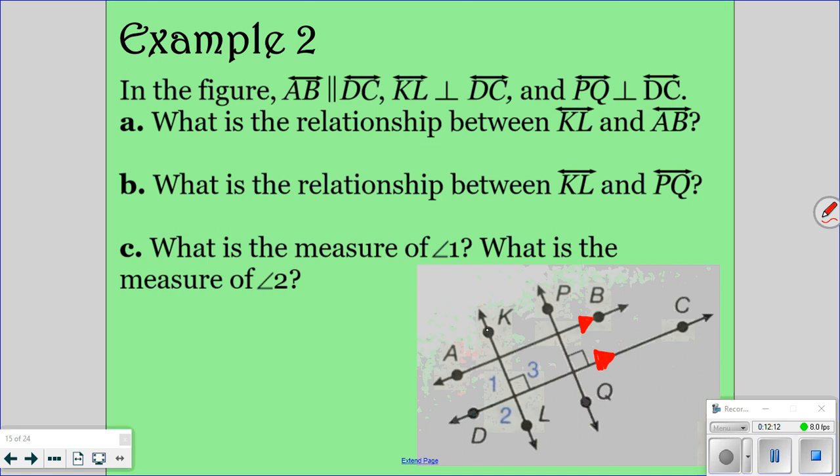And then it tells us that KL is perpendicular to DC and PQ is perpendicular to DC. What is the relationship between KL and AB? Well, these two are parallel, so that means that this is also going to be a right angle.